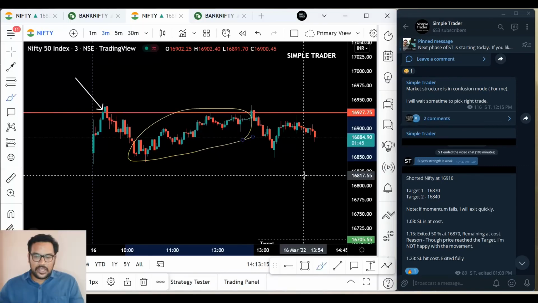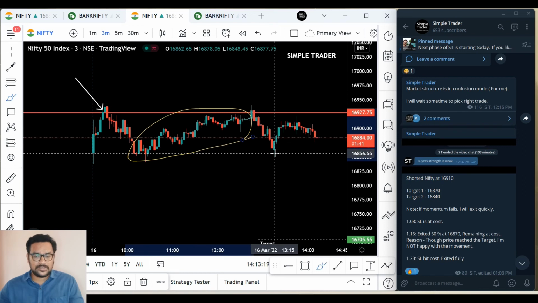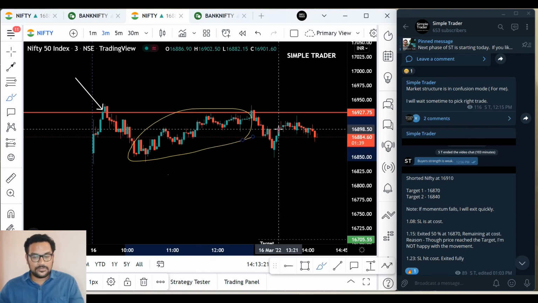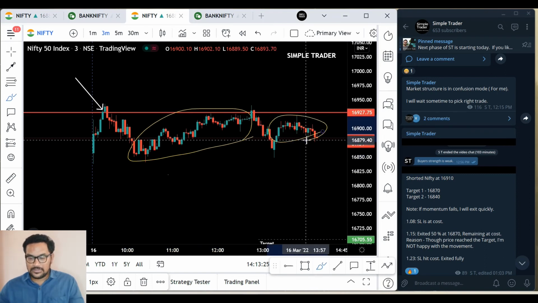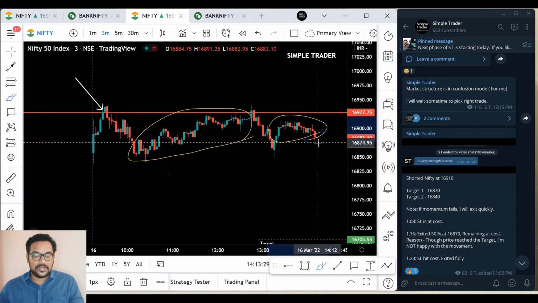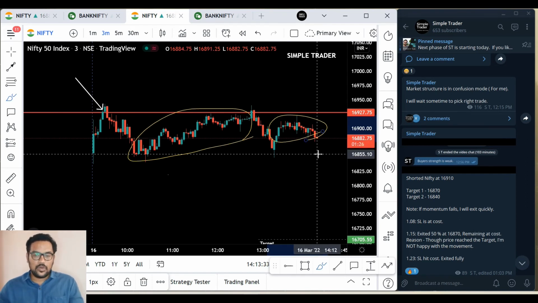I exited 50% of the position here, and the remaining took my SL, and still I'm not participating in any trades at this point. The time is 2:13. The market is still open, the price is trading, but I'm not participating in anything. I don't think I will participate now. Let's see how things go.